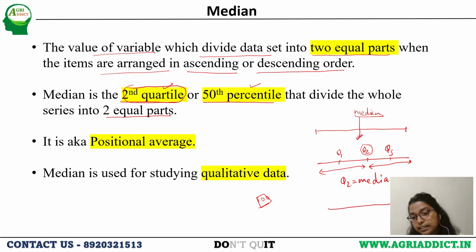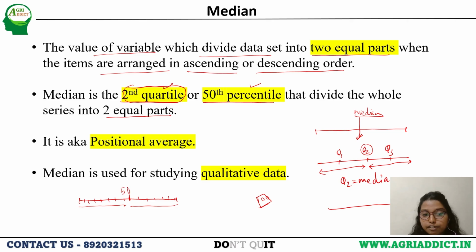Say this is the data, and we have to divide it into 100 equal parts. So what we'll do, we will make 99 percentiles here, 99 such division lines. And when we come from here to the 50th one, this means 50th percentile, it is going to divide this data into two equal parts.